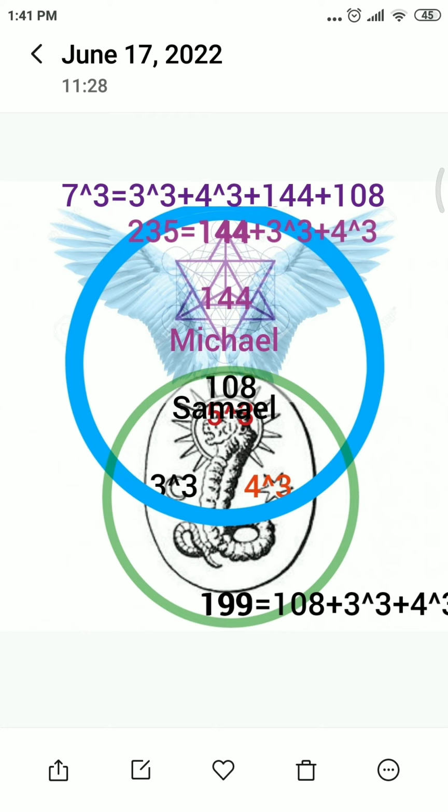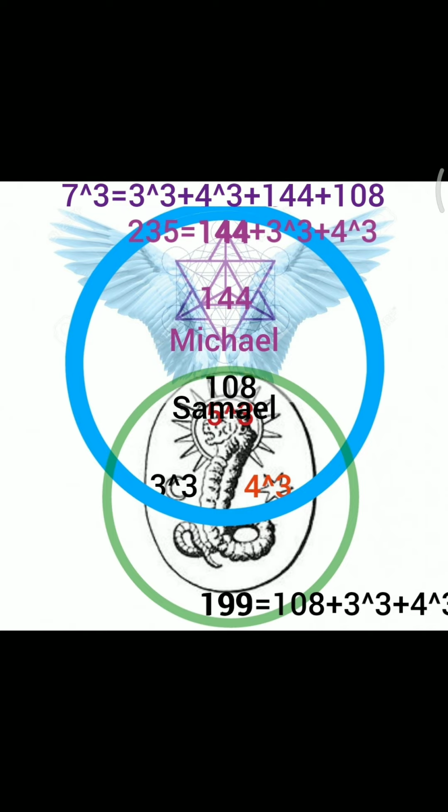But coming to today's discussion, which is splitting up of the cubes into components. So 6 cube, we all know, is just 3 cube, 4 cube, 5 cube.